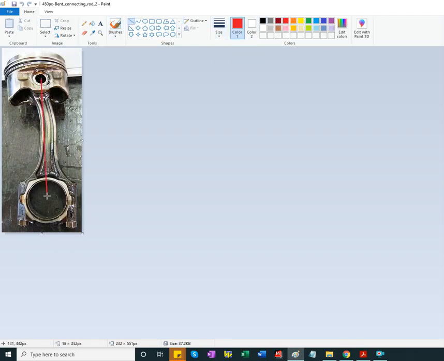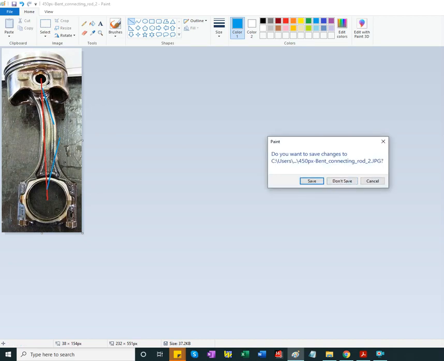If I have a line that connects the centers of the pin joint and of the piston pin, and the connecting rod, I have the slope. So I follow the direction of the bent piece, and here too. So I have an angle that is non-zero.